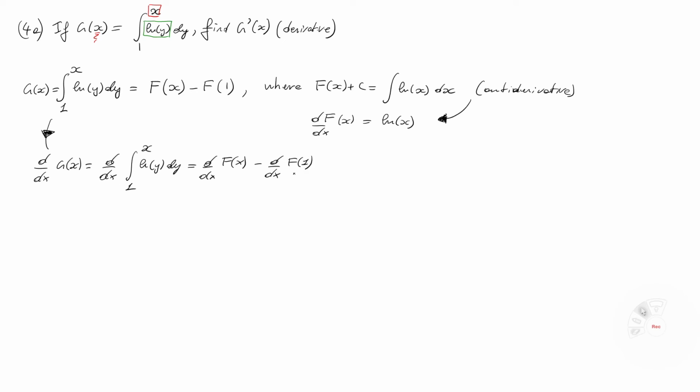That last thing, f of 1, is a constant, so this is 0. And then d dx of f of x, we just established this is ln of x. And so now that gives us our derivative in one go without computing it. So we have that g prime of x is ln of x.